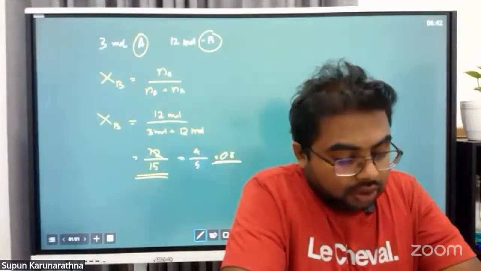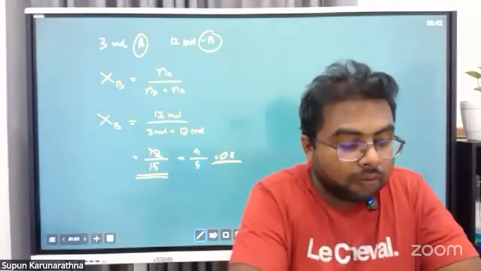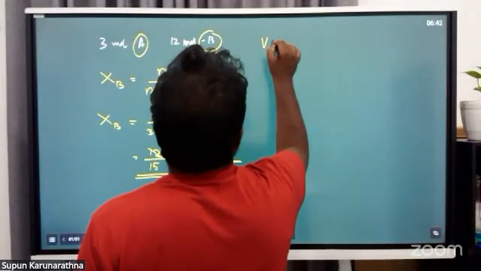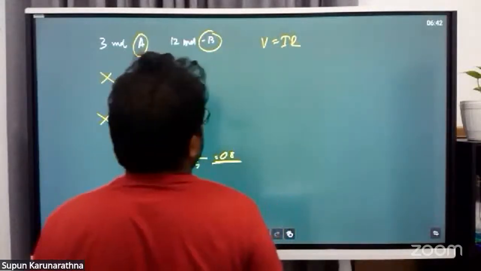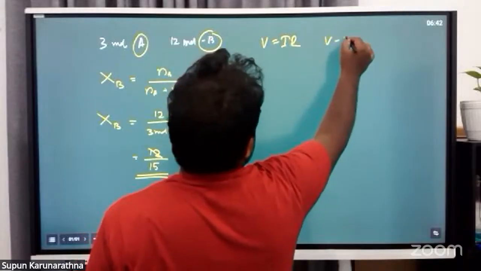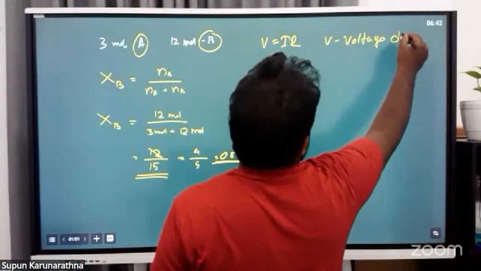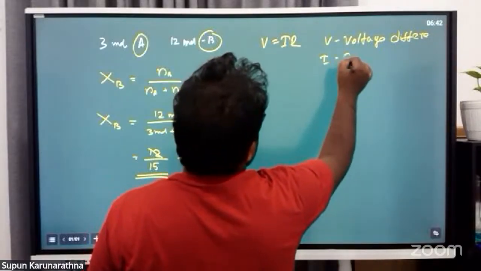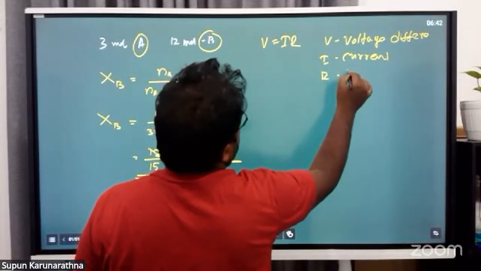Then, which equation can be used to find the resistance according to the Ohm law? The Ohm law is related to V equals IR. V is the voltage difference, I is current, R means resistance.